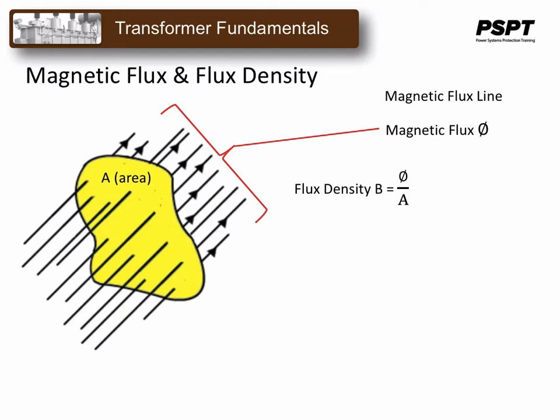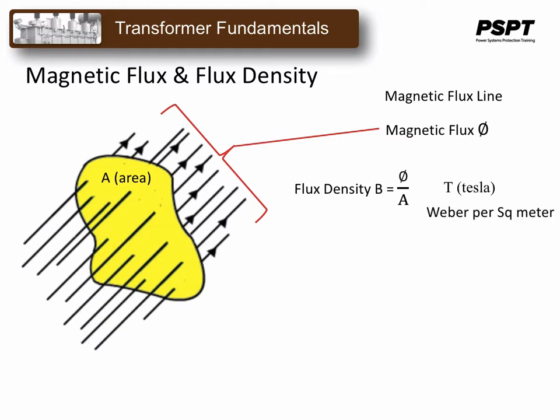And it's usually defined by the capital Greek letter beta, but beta is very close to our capital letter B, so quite often you'll just see the letter B as designating flux density. And the international symbol used for measuring the quantity of flux density is the Tesla.